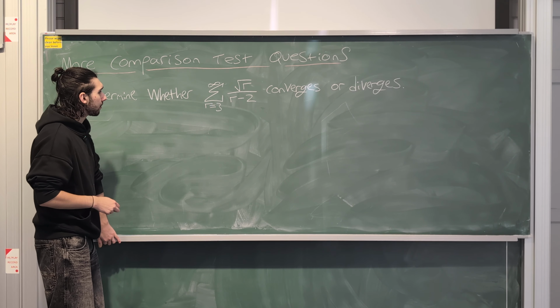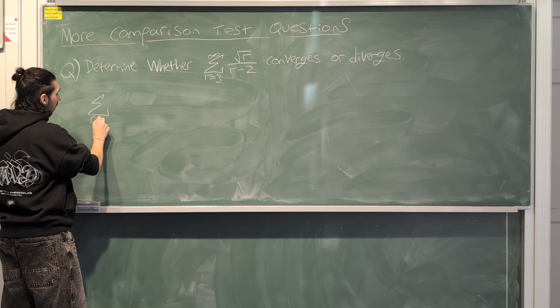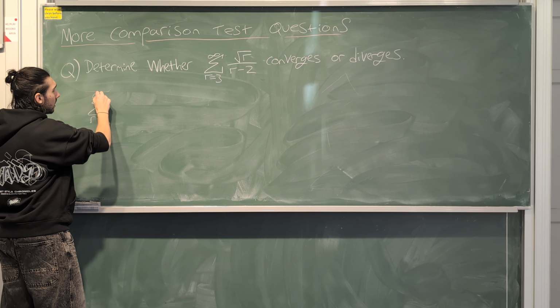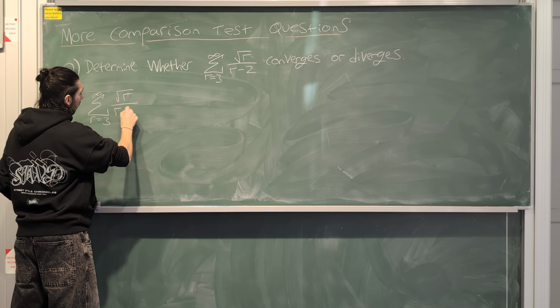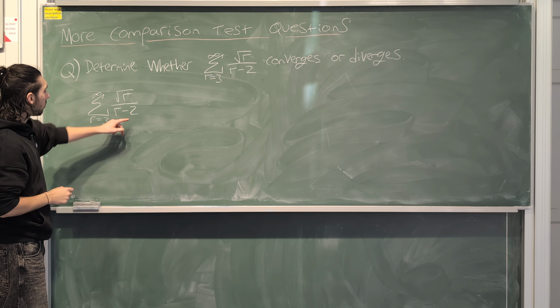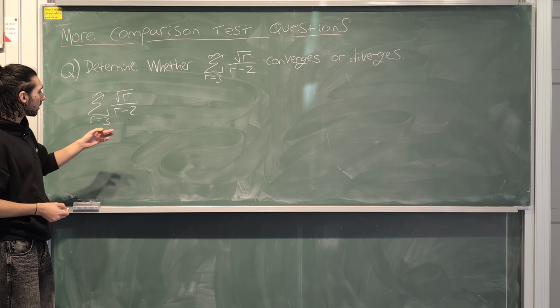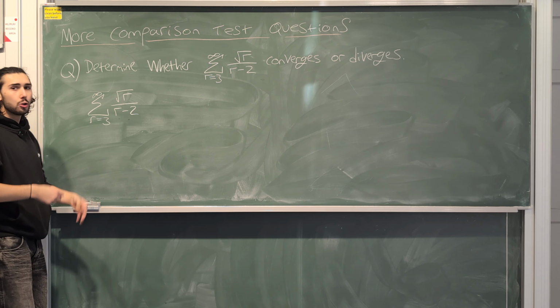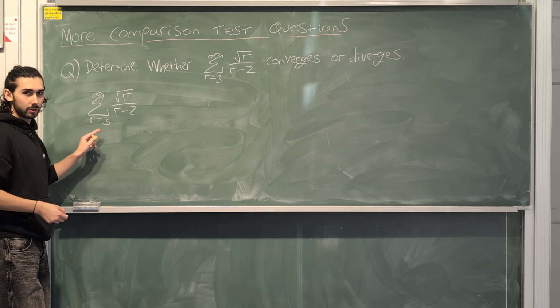So for instance, what we can say is that the sum from r equals 3 to infinity of the square root of r divided by r minus 2, well, because we have an r minus 2 here, it might be nice if that was just an r. If you take 2 off of a number, you make it smaller, especially if it's positive.